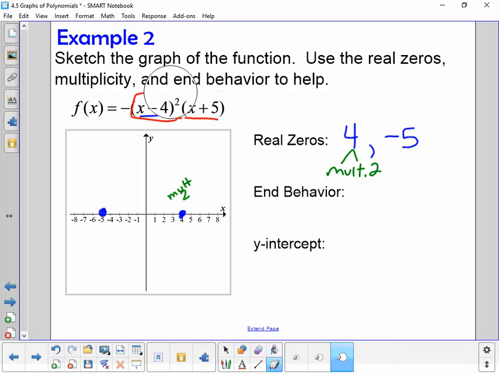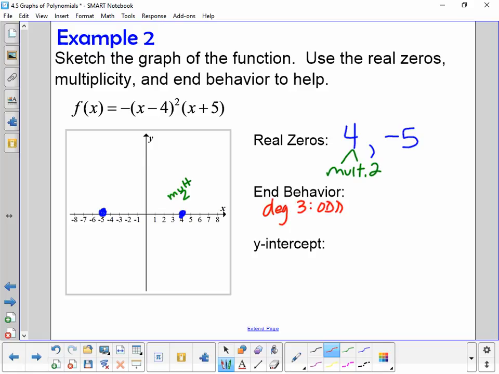Altogether that's 3 factors, so this is degree 3, an odd power function. And it's negative because it has this negative coefficient, so my leading term would be negative x to the third. The leading coefficient is negative 1. So this is odd negative.